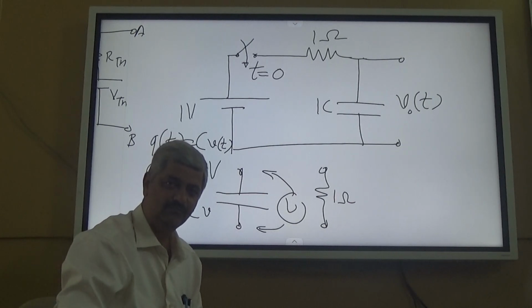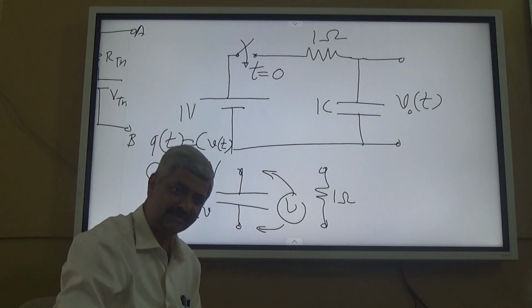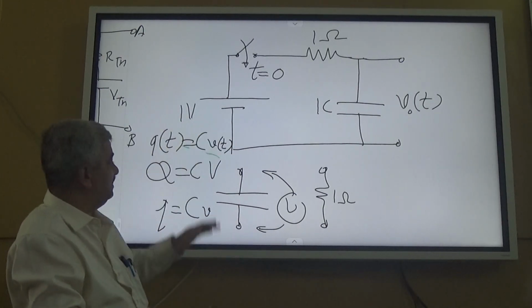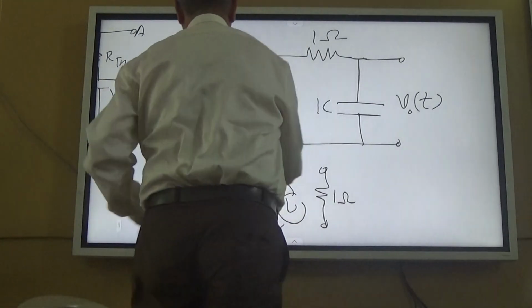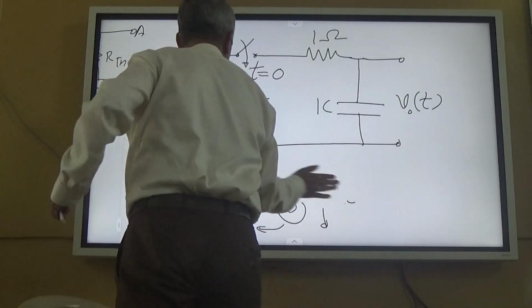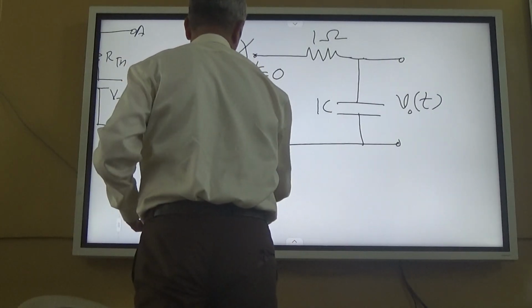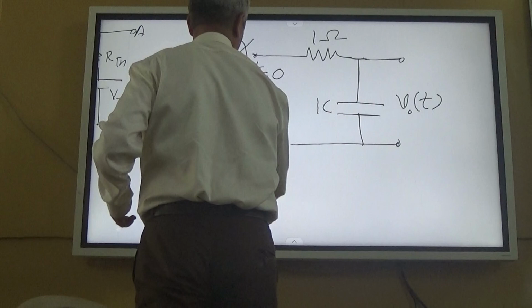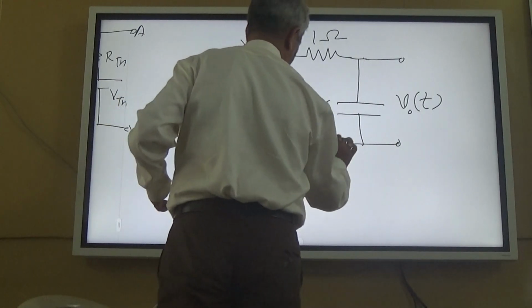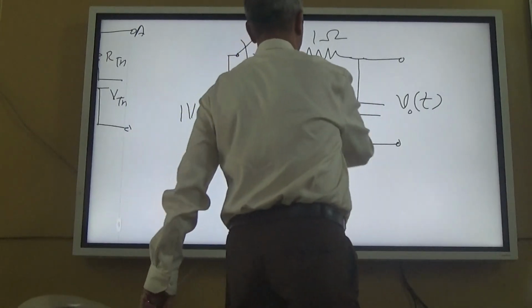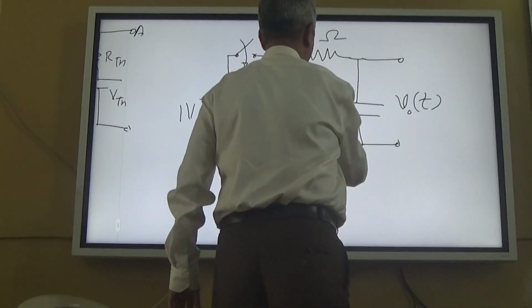So I said earlier that this is 1 volt, no problem, right? 1 volt voltage source is fully known, switch is fully informed, there is nothing new to be understood. 1 ohm resistor, everything is clear. 1 farad capacitor.